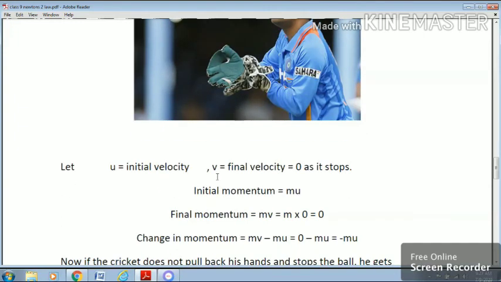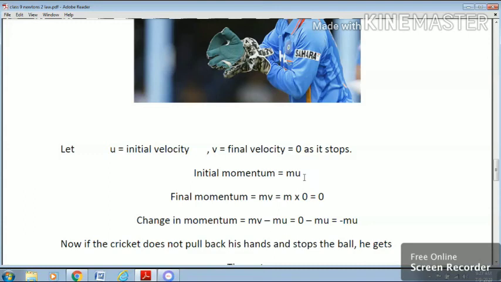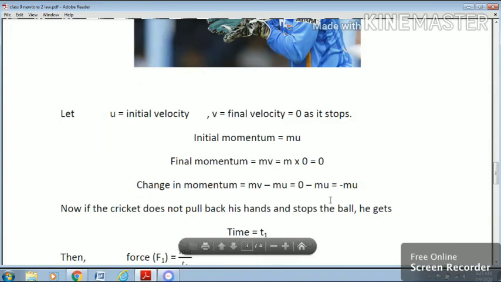Suppose our initial velocity is u, final velocity v is 0 because it stops in our hand. Initial momentum will be m into u. Final momentum will be 0 because v is 0. So change in momentum is 0 minus mu, which can be written as minus mu. Here the negative sign shows that the change in momentum is in the direction opposite to the initial direction of the motion.